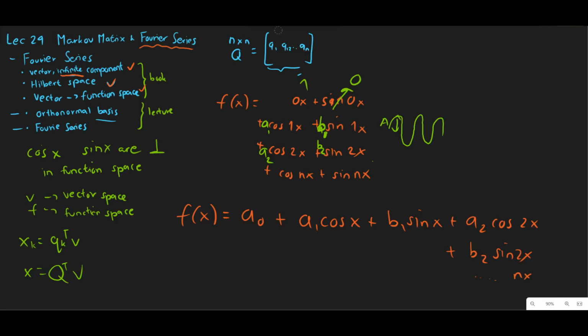So I will delete that, but I think this is pretty informative for me, because I always thought that there is some constant here. I didn't know where it comes from, but now I know that it comes from this cos of 0x, which is 1, and then sin 0x is just gone, and then you just plug in the coefficient here, the a0, okay?